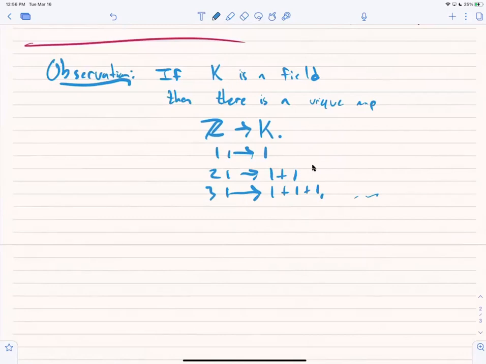Well, I have this map of rings, and one of two things is going to happen here. This map has a kernel. And what are the possibilities for the kernel of this map?